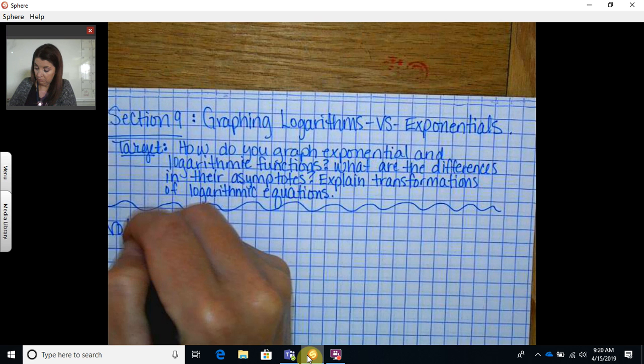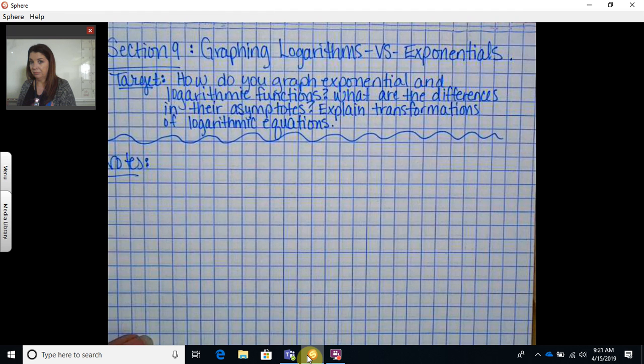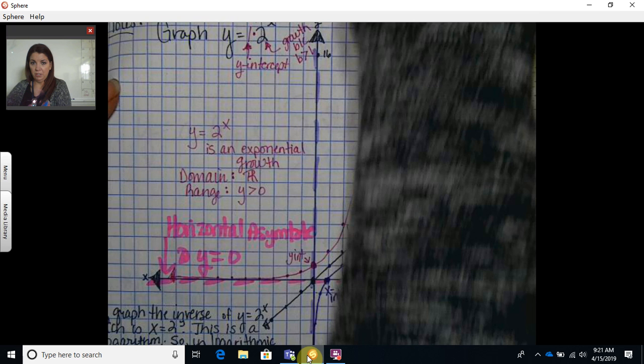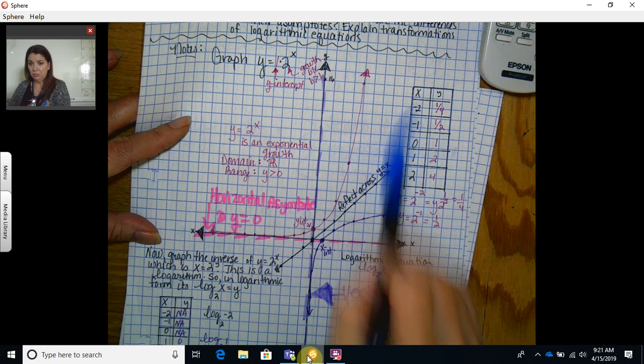All right, so I'm going to put a big old graph in this space, but other stuff's going to go around it as well. Let me show you what the final outcome is going to look like so you know where you're going to need room. My y-axis, I want it to go up to at least 16. I'm going to have two different tables of values, and I'm going to be writing stuff as well.